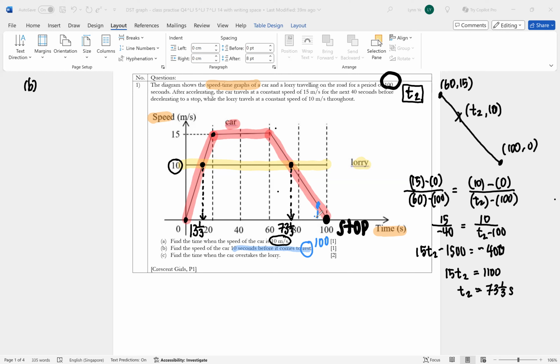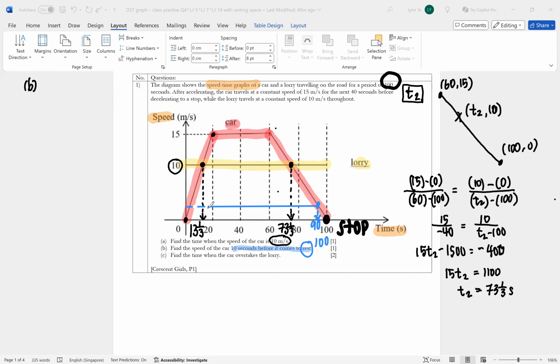So I'll dot it. The clue that they give me is at 90 seconds. So of course I fill it in. And what does the question want? The question wants the what, guys? They want the speed, which is the X or Y axis? Y axis, so it must be dotted.